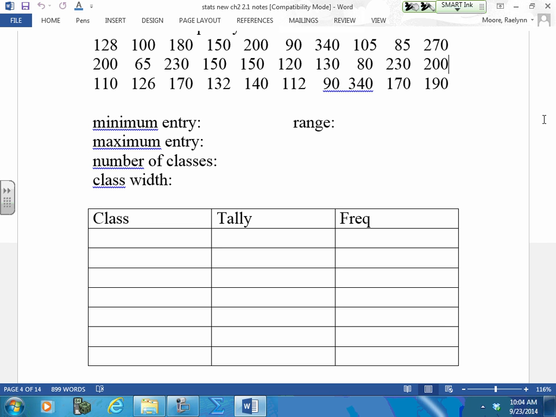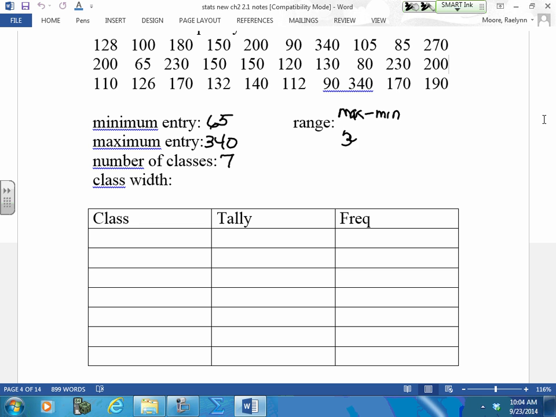Tell me what your minimum, your lowest entry is. 65. What's your maximum entry? 340. Everybody agree? Okay. Number of classes? 7. Okay, now we do your range. We do your max minus your min.